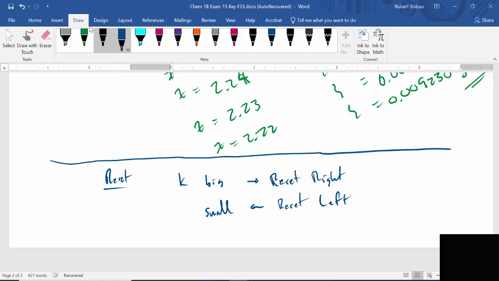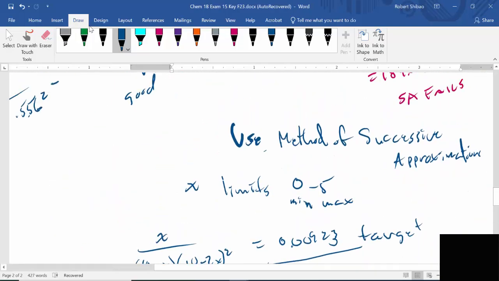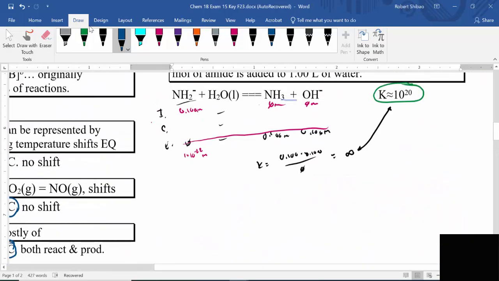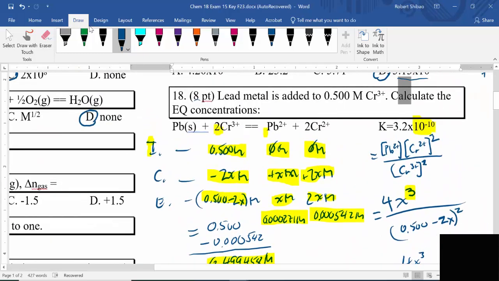The problem is what constitutes a big K and a small K. Here, I would say this is pretty small. And so I'd reset this to the left, but it's already reset to the left. I don't have to worry about it.